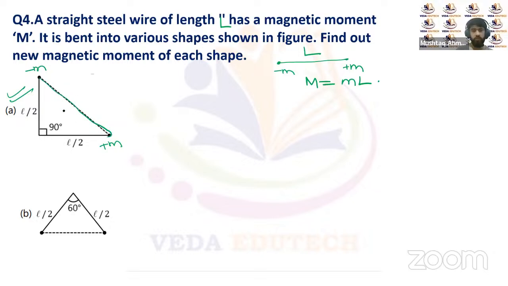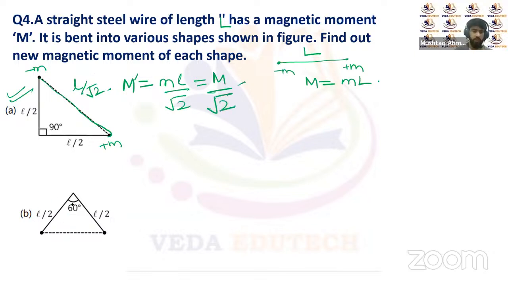Now the distance between the two poles, with sides L by 2 each, has to be L upon root 2. So the magnetic dipole moment of this shape will be equal to pole strength M multiplied by the distance L upon root 2. So we can write M dash as M upon root 2, right?